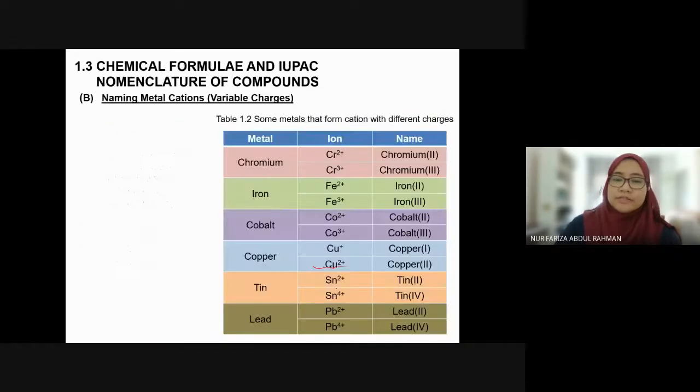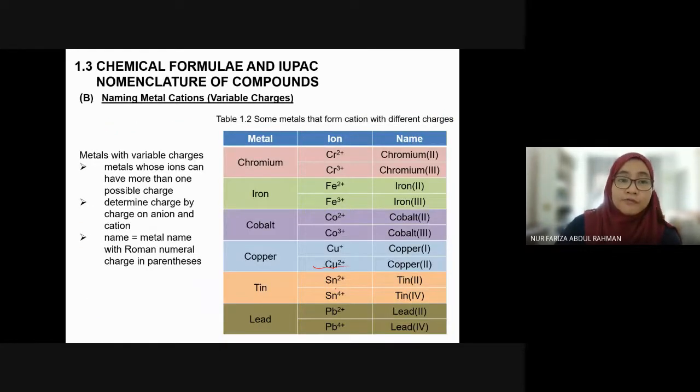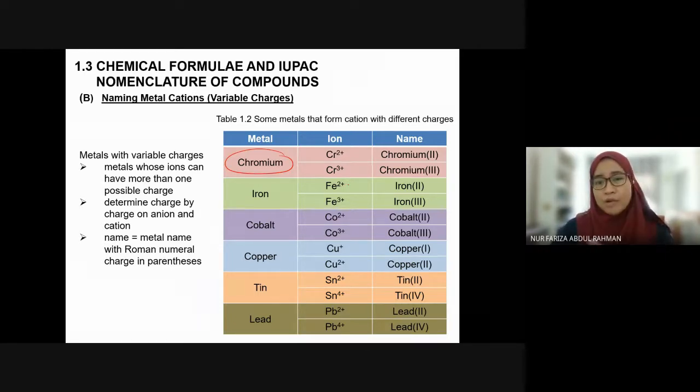Let's look at examples of metal cations having variable charge. Like I said earlier, most of these metals come from the transition metals. Chromium is one of the transition metals, so it can have more than one charge.